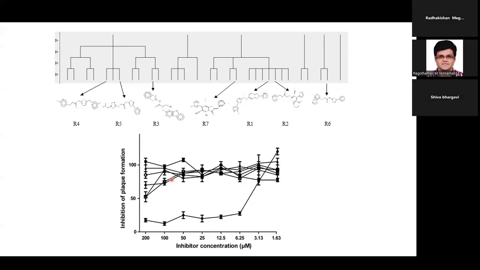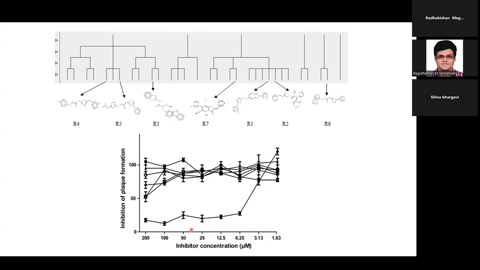So the easiest way to find out if the molecules are toxic or not is to test with a cell viability assay called the MTT cytotoxicity assay. It is an ELISA-based reader, and the cells that are alive after some point of time will not show a color change, but the cells that died will show a color change. And then we found that most of these are good molecules. They don't cause cytotoxicity in a very significant way.